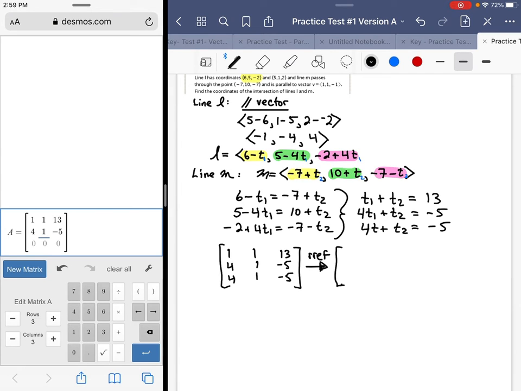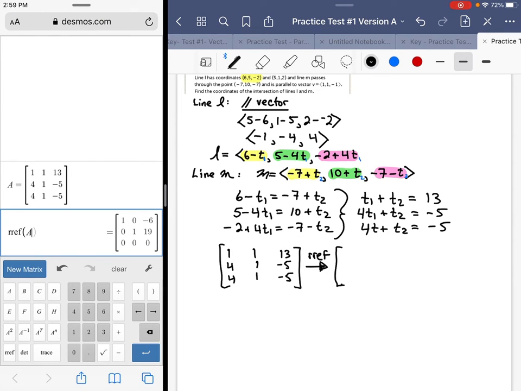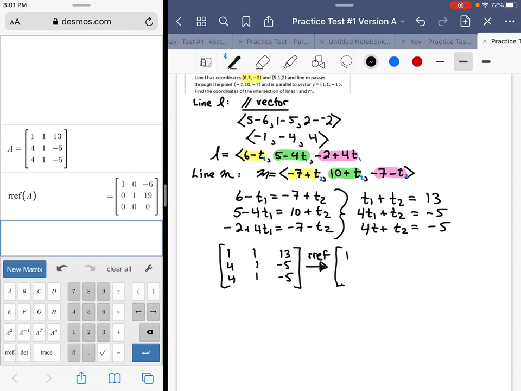It's not a 1. Look at that. 4, also 1, also negative 5. All right, so reduced row echelon, matrix A. Lock it in. So we're looking at 1, 0, negative 6, 0, 1, 19, 0, 0, 0.